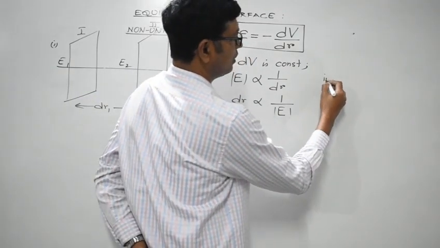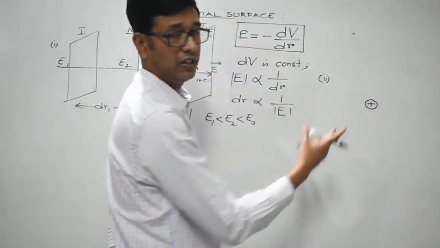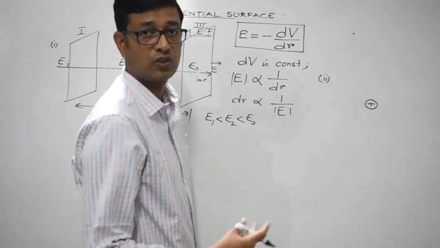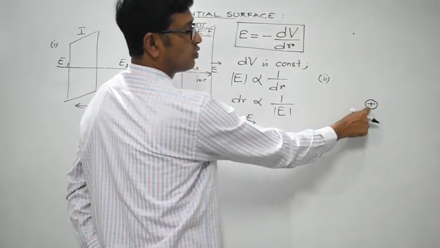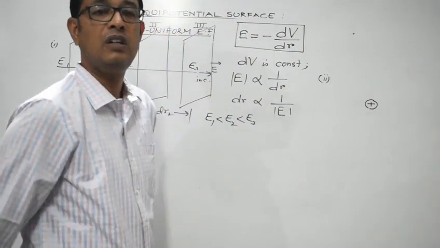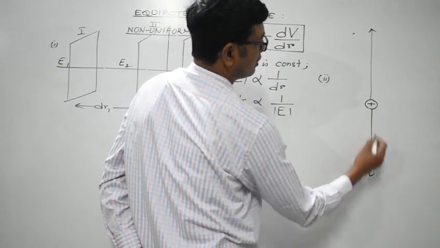There's another example of a non-uniform electric field. If we consider this to be a point charge, we are aware that the electric field due to a point charge obeys the inverse square law. So as the distance of the observation point from the source charge increases, the strength of the electric field will keep on decreasing. The electric field is spherically symmetrical like this.